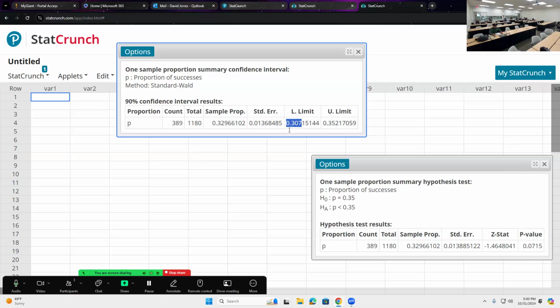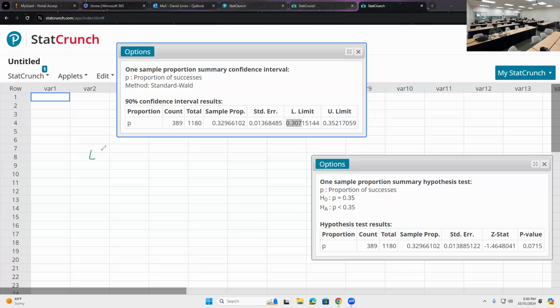We have a lower limit of 0.307, which is 30.7%, and our upper limit was 0.352, which is 35.2%.